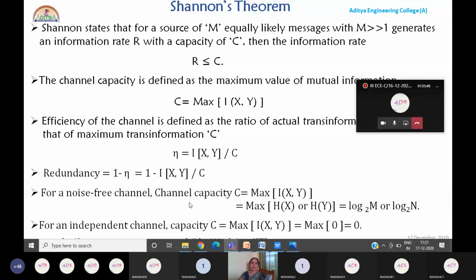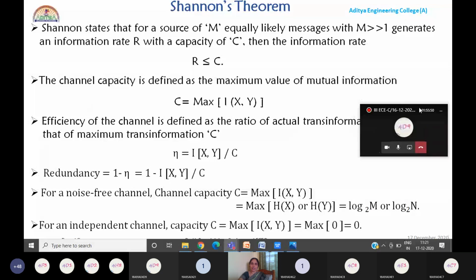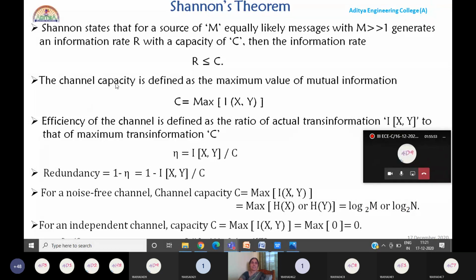Please remember these 2 points as the properties of channel capacity. In the exams, if they ask you to define channel capacity and list its properties, first you should define channel capacity as the maximum of mutual information, and it is always greater than or equal to the information rate.